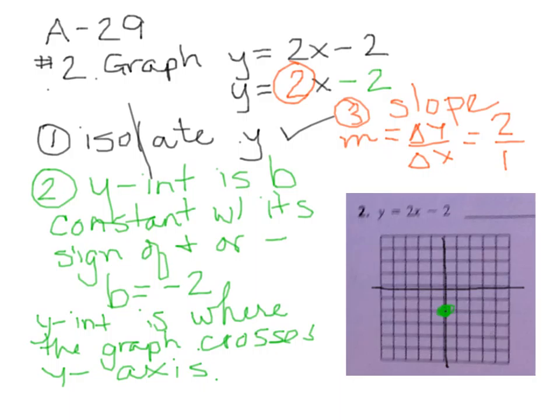My line has to be going up. So I'm going to go up 2 and over 1. And there's my second point on the graph. Once again, in the y direction, the change in y was a +2, and then this way here, there.